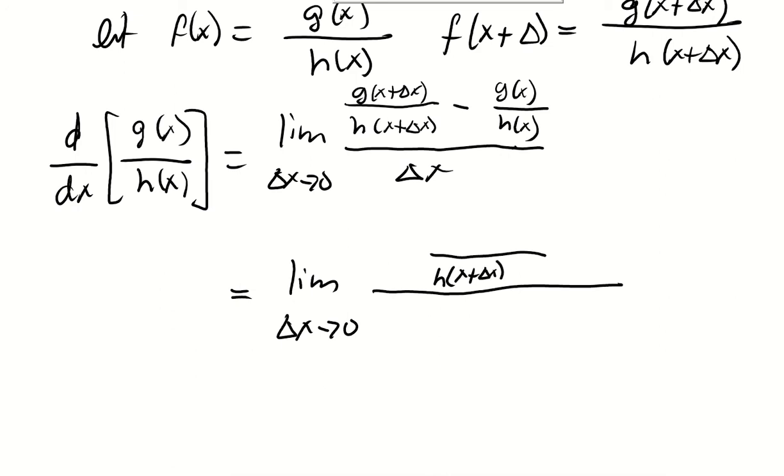That's delta x times h of x. Then at the top, you have g of x plus delta x times h of x, so cross multiply, times h of x, then minus g of x times h of x plus delta x, then all over delta x.